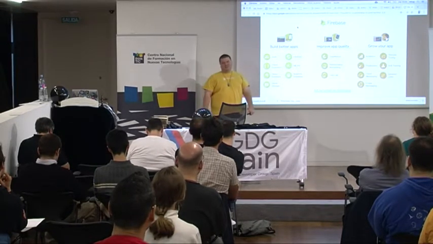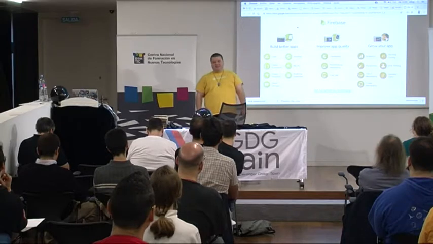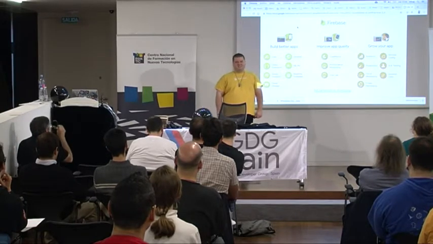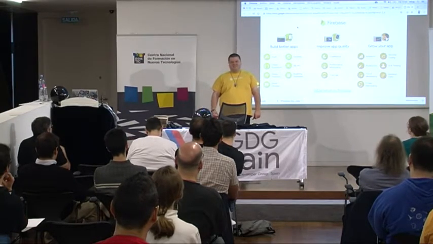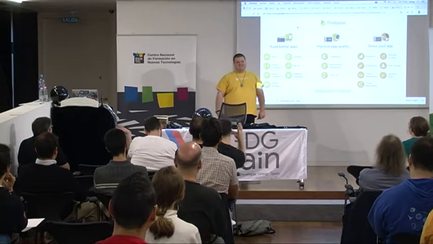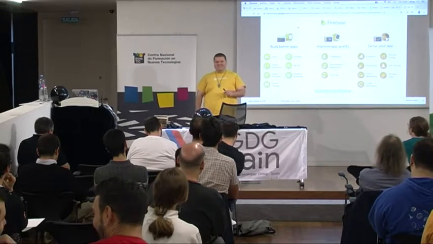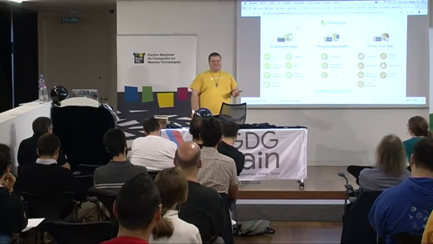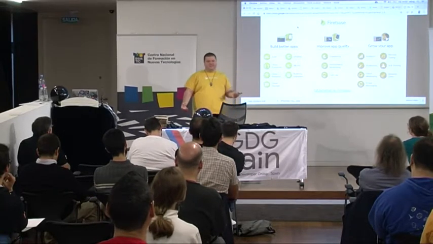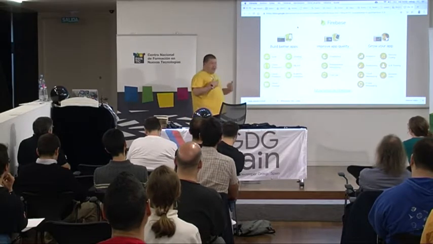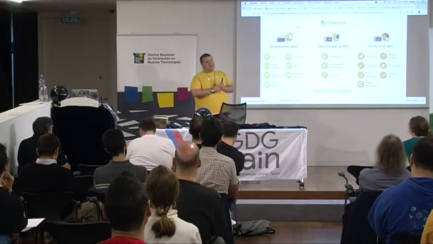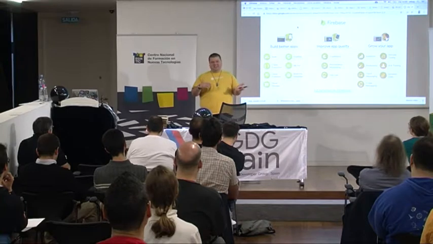Cloud Firestore is our NoSQL database solution. Who here uses SQL? Nice. Who here has used NoSQL? Similar set of people. The difference between those two is that NoSQL is a non-relational database. This is really good for app development because it allows you to duplicate data in multiple places.